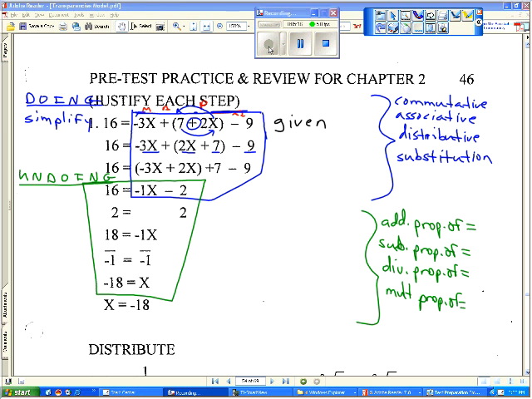Now, we want to know what property lets us do the move that we're trying to get done. We're trying to change the order of addition. Rearranging or changing the order of addition is commutative property. And so this is a result of the commutative.